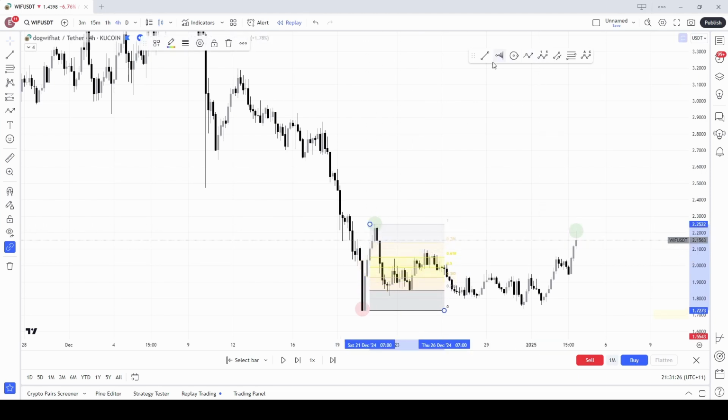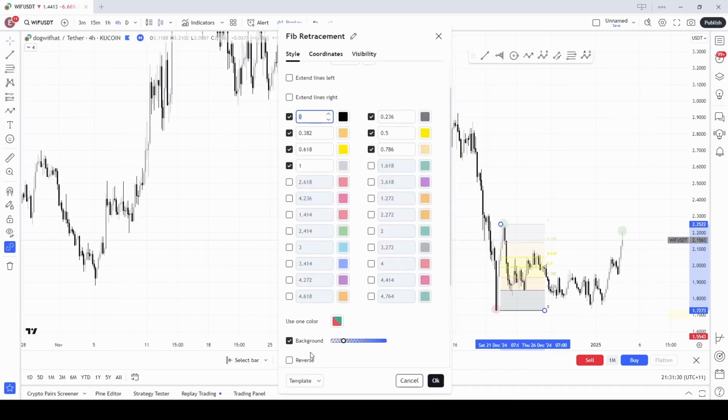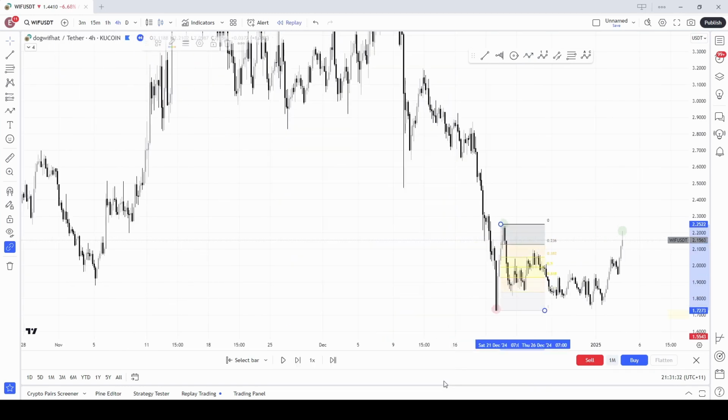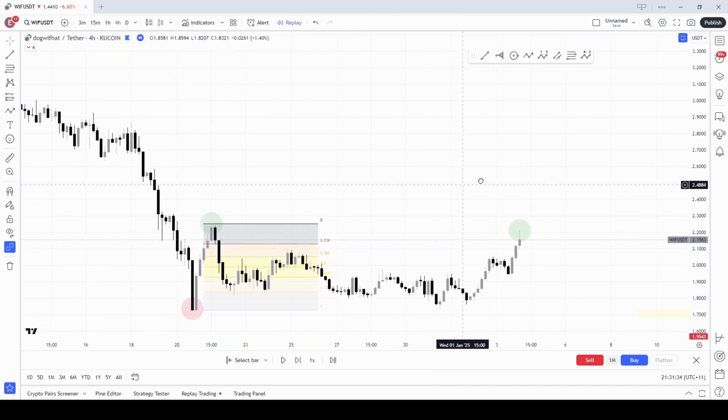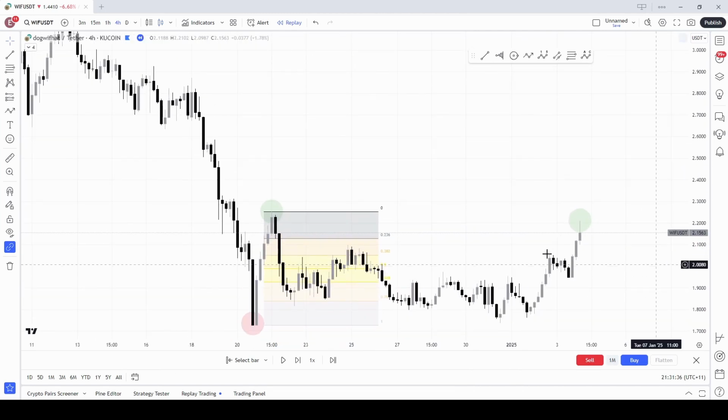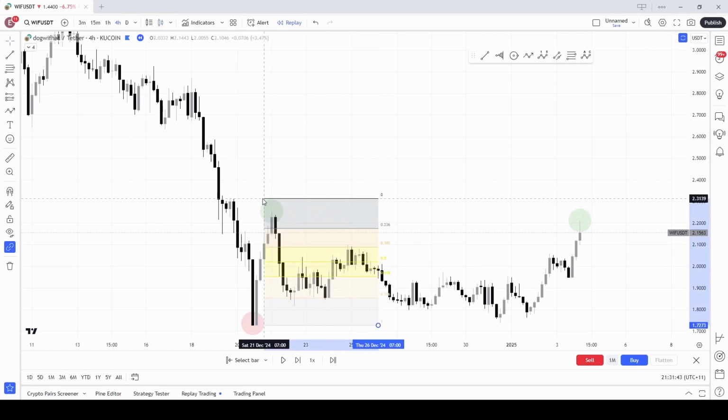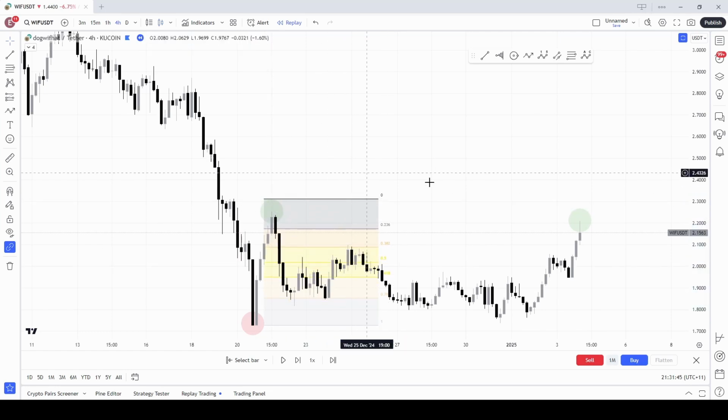I can basically measure when the bulls were interested to enter into this particular price action. So with marking out the swing low and swing high, there's a wick.